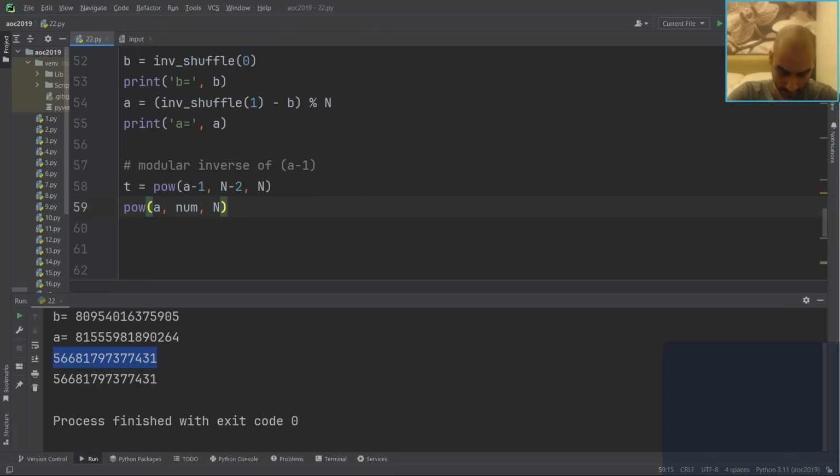N minus 1. It could become negative, so we've got to do this.